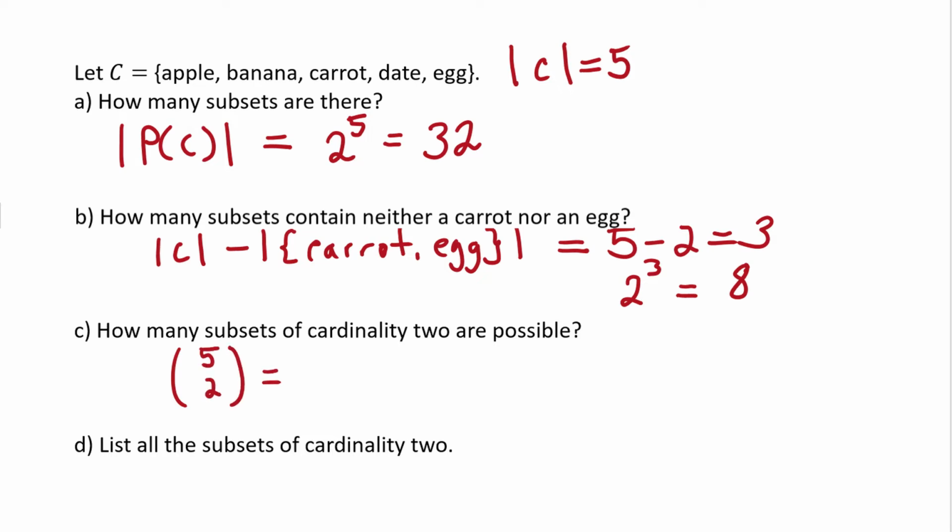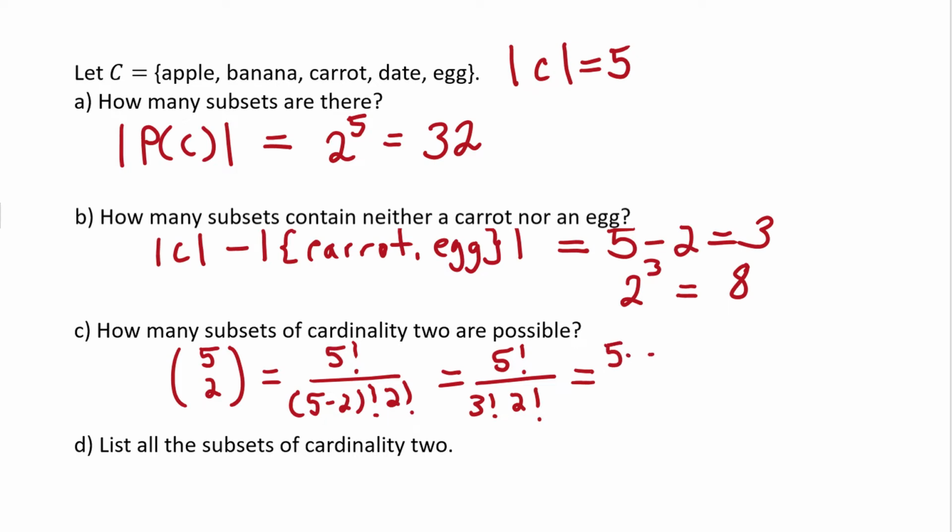Then we'll use the formula for the combination and compute that as 5 factorial divided by 5 minus 2 factorial times 2 factorial, which is 5 factorial divided by 3 factorial times 2 factorial. 5 times 4 times 3 times 2 times 1 divided by 3 times 2 times 1 times 2 times 1.